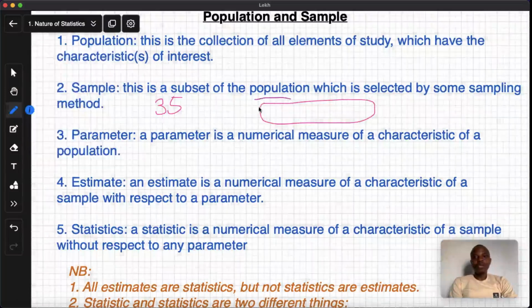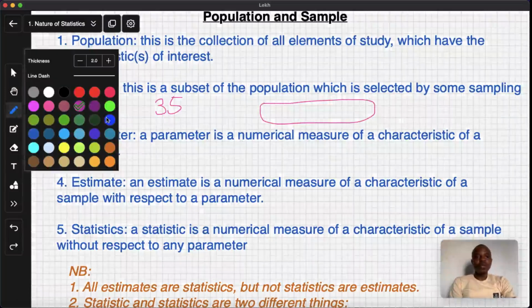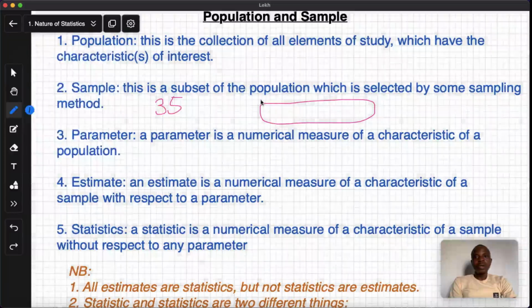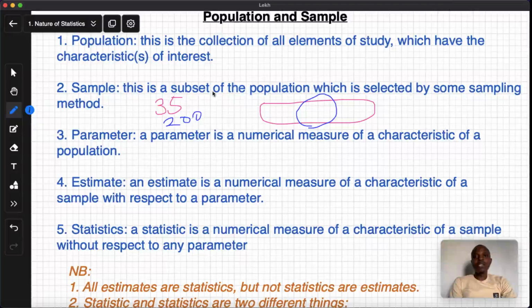So 35 out of the 200 you have is actually a subset of the population. You may take 35 units instead of the 200 units, which I've also referred to as elements. That means you're taking just a sample from the population.